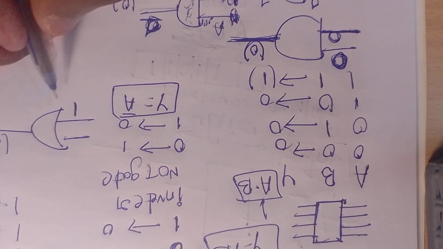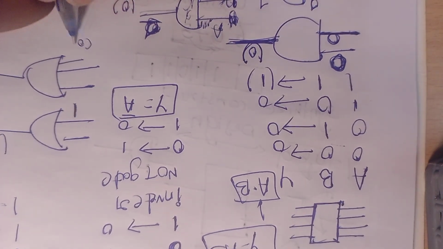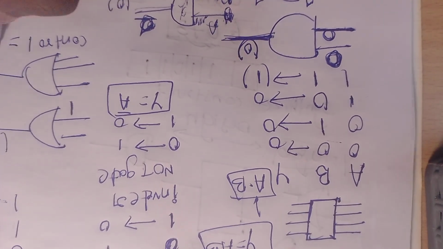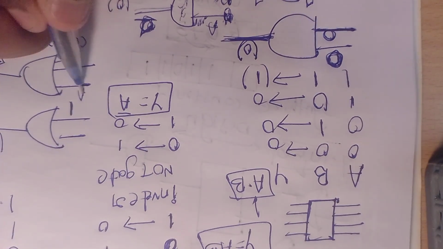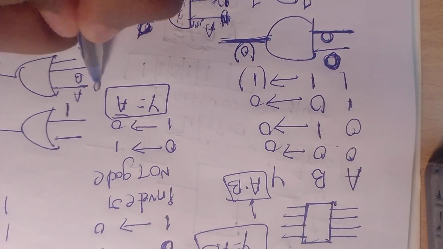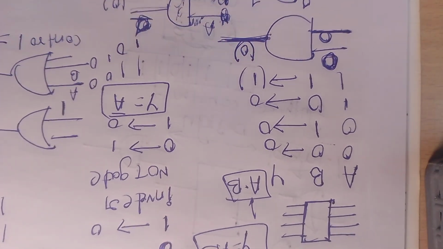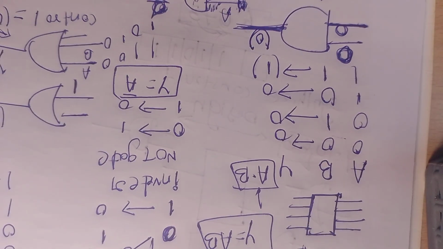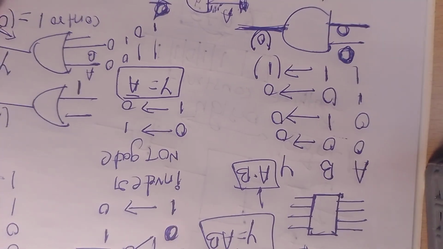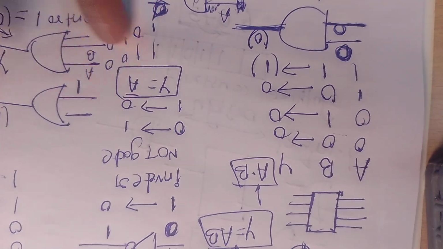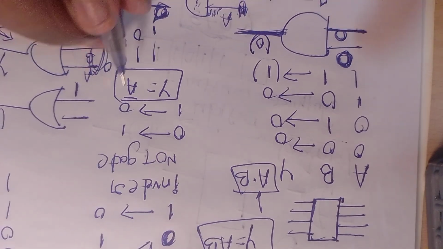If I want to enable this gate, I give the control input 0. Then the output is based on the inputs you apply: 00, 01, 10, 11. If the control is 1, the output is always 1 by default. If the control input is 0, the output is generated based on the inputs you provide.